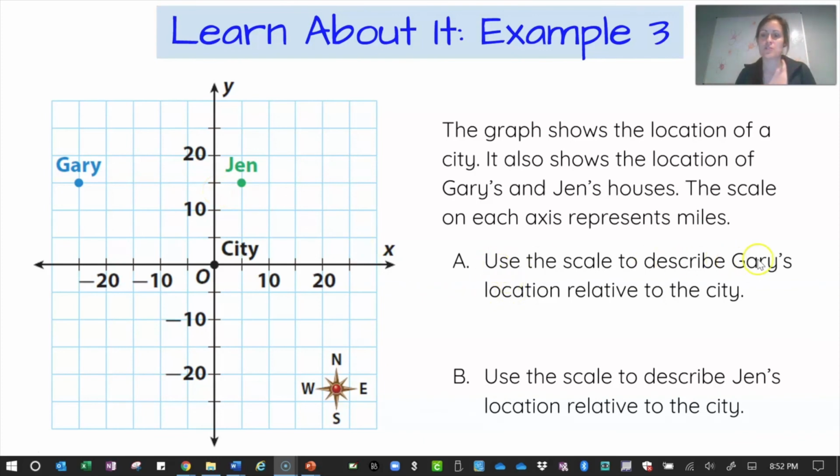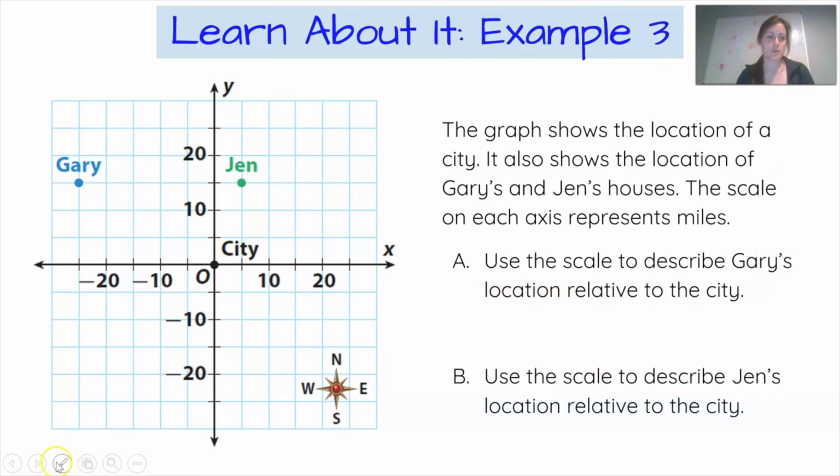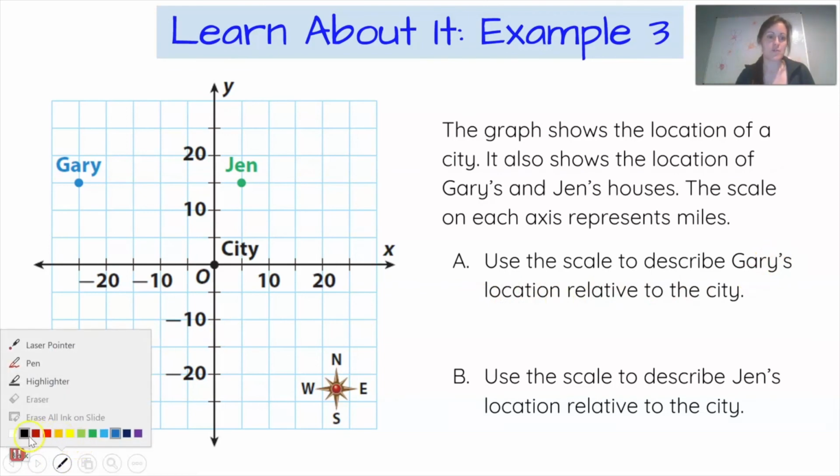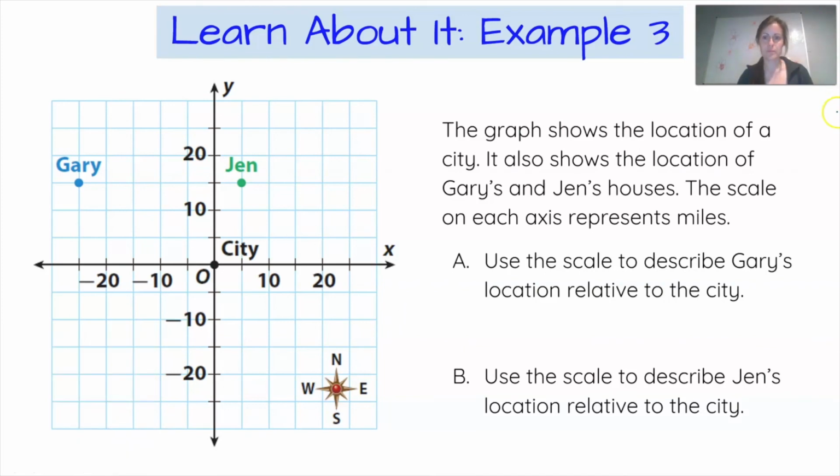Use the scale to describe Gary's location relative to the city. So what I'm going to do here is represent Gary's house. Gary's house is blue. I'm going to start at the origin and I need to go to the left, so I'll count 5, 10, 15, 20, 25.